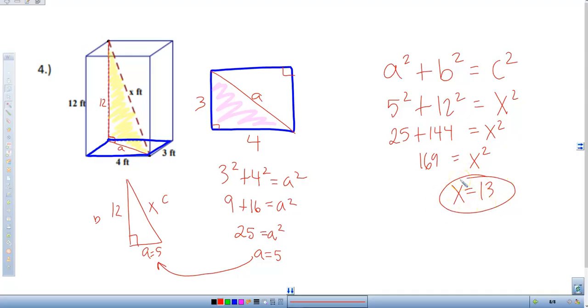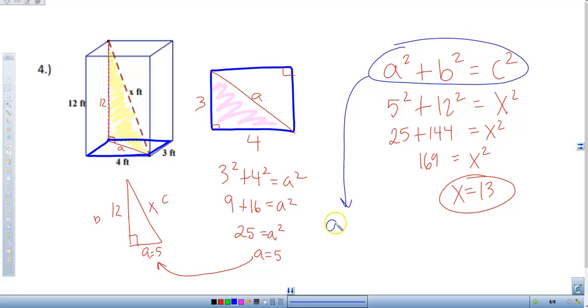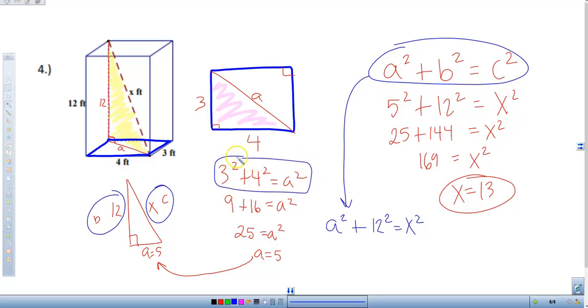Now, there is a shortcut for this problem that I want to point out to you. Check this out. In my original equation, I said that A squared plus B squared is equal to C squared. So B was 12, and C was X. But look where A squared came from, right here. A squared was simply 3 squared plus 4 squared. So if I plug that in for A squared, I can say that 3 squared plus 4 squared plus 12 squared is X squared.